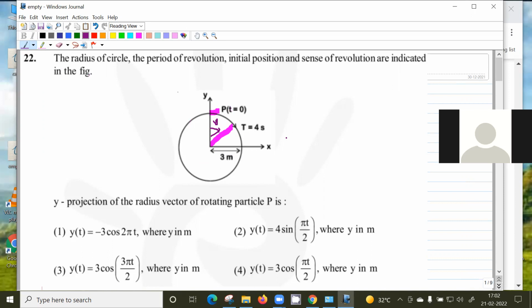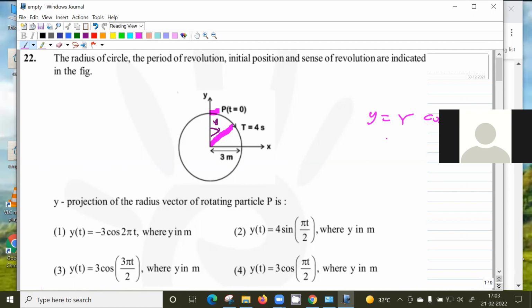So basically you have to get y as a function of theta, right? Yes, sir. So what is y in terms of r and theta? R cos theta, is it correct? Yes, sir. Okay, r is constant, theta is going to change.